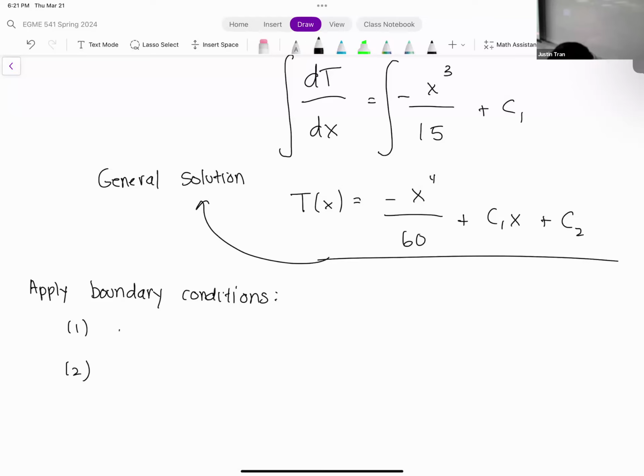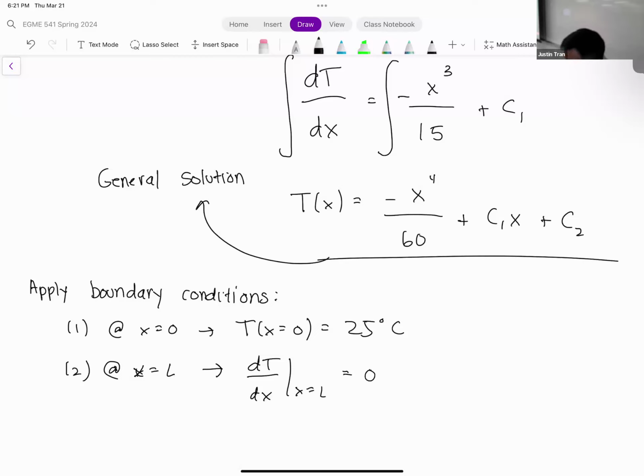So at x is equal to 0, we have our Dirichlet boundary condition. So that the temperature at x is equal to 0 is equal to 25 degrees C. Okay. And then at x is equal to L, we have our Neumann boundary condition which states that dT dx at x equal to L is equal to 0.